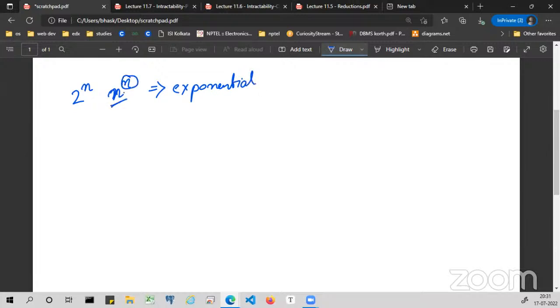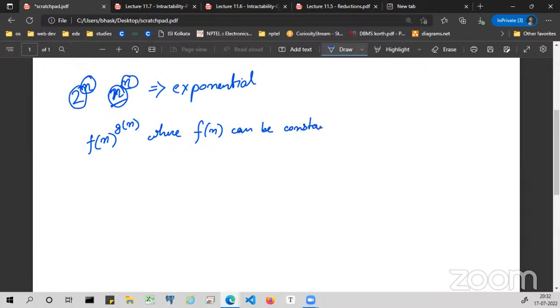Whatever we did, this base can be constant or the variable itself, the input size itself, but the power is some function of n. So let's say f of n and g of n, where f of n is allowed to be constant.